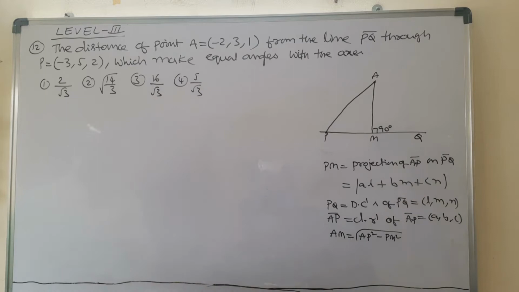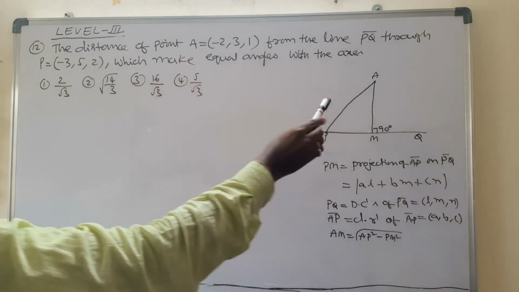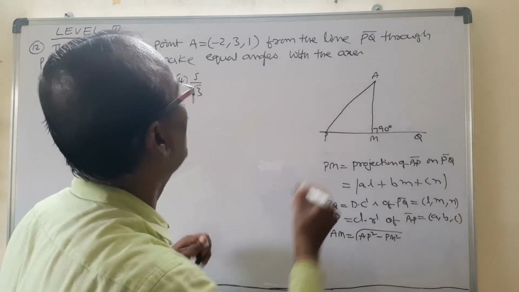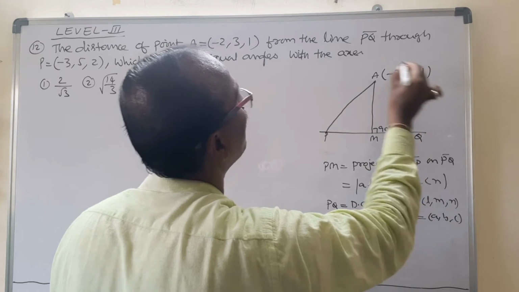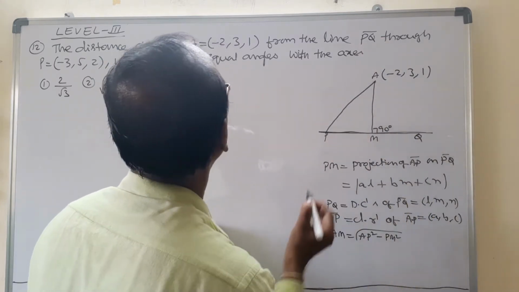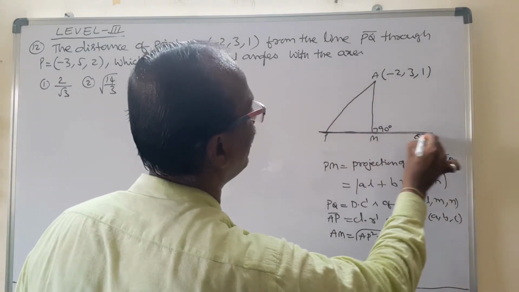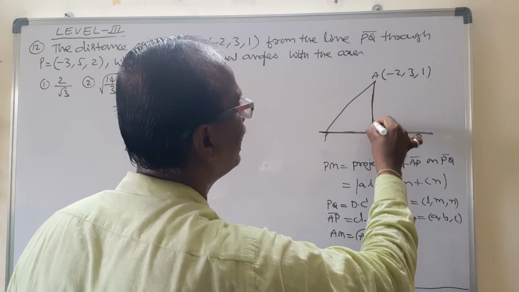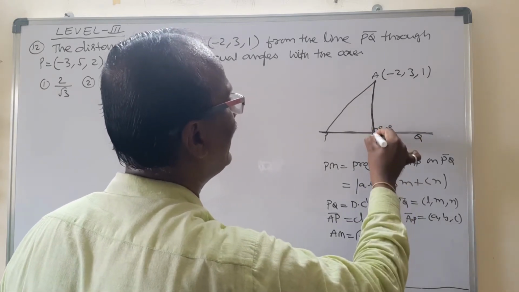In this question, the point capital A is given as minus 2, 3, 1. Here PQ is the line. We need the distance of the point A to the line PQ, that is the AM distance. The question asks us to find the AM distance.